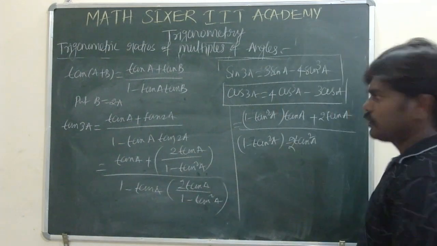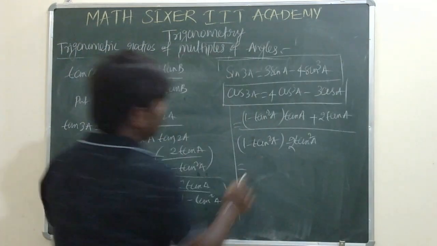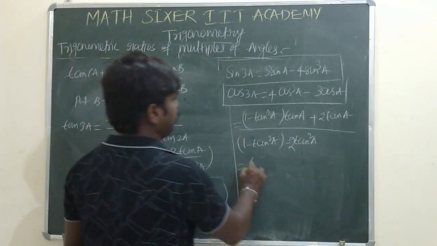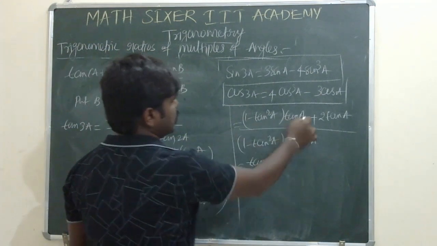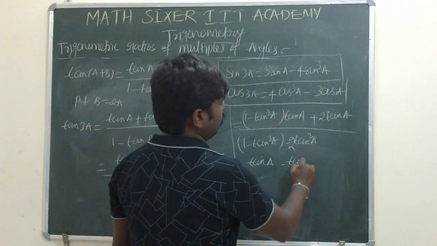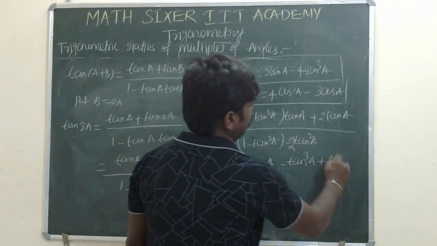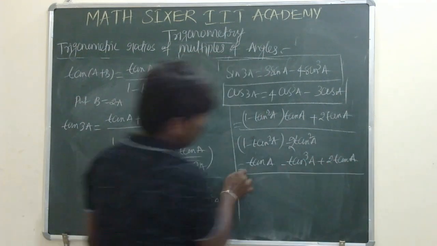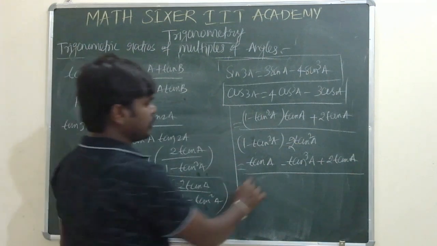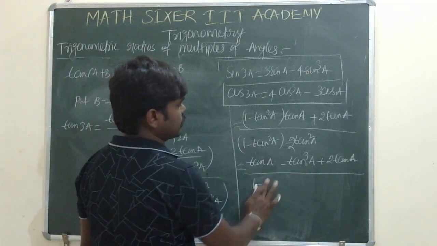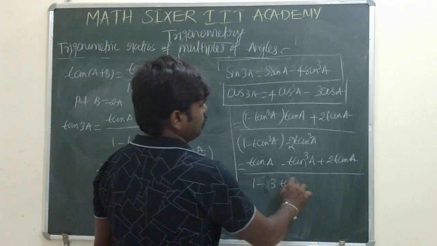Okay, so now I will multiply. When I am multiplying, tan a into 1 becomes tan a, minus tan square a into tan a becomes tan cube a, plus 2 tan a, by 1 minus tan square a minus 2 tan square a, which means 1 minus 3 tan square a.